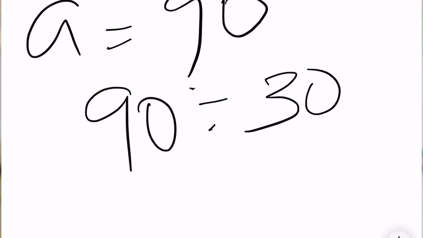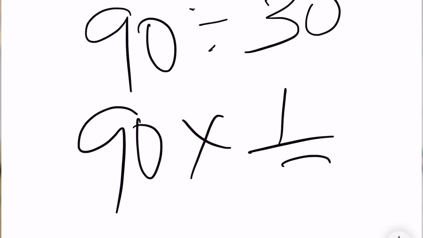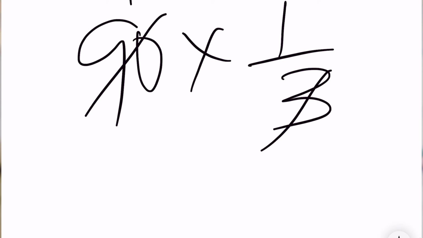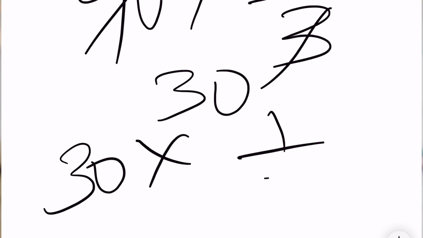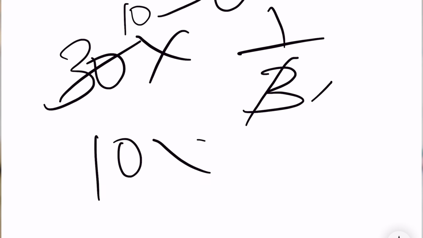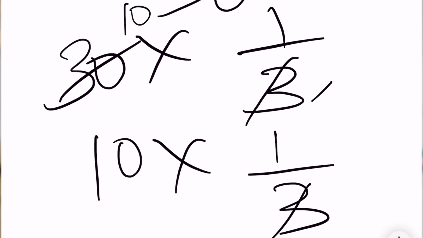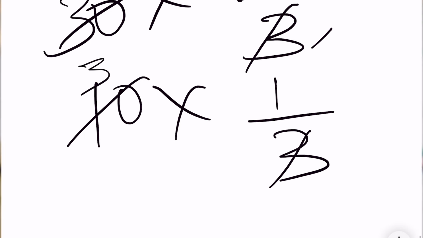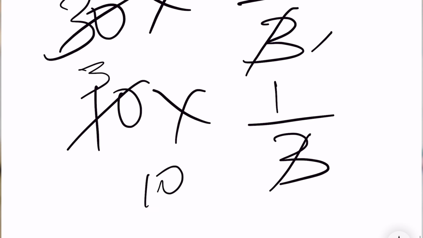If we look at the remaining numbers, we see that we have decimal numbers, so we can write them as 90 times 1 over 3, which is 30. 30 times 1 over 3 is 10. 10 times 1 over 3 is 3, remainder 1, so this is 10 over 3.